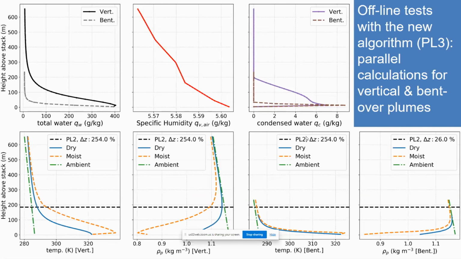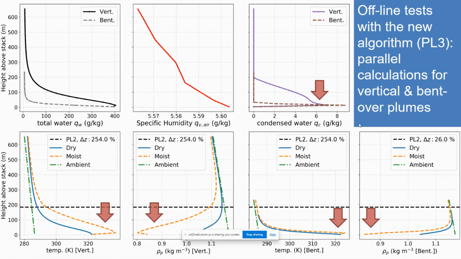Just to show you an example of the output fields from such calculations, here I'm showing vertical profiles for the same plume rise calculation. Up here I'm showing the condensed water as a function of height, and also temperature and density for the vertical case and also the bent over case.